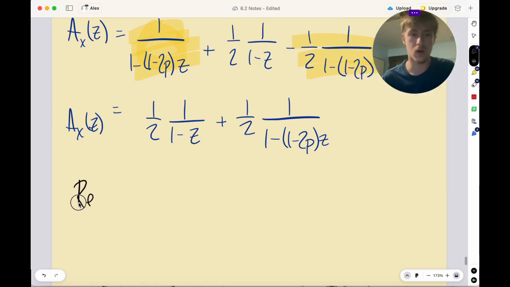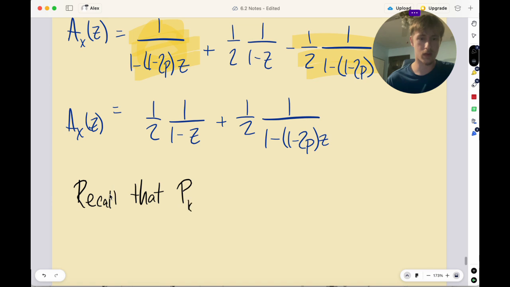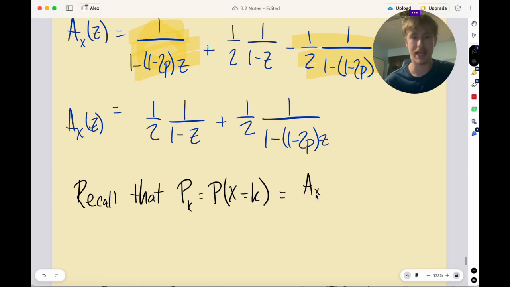Recall that if you want the probability of getting k successes, that's the probability that x takes on k. The probability generating function says that you have to take the kth derivative of this, evaluate it at 0, and divide that by k factorial.